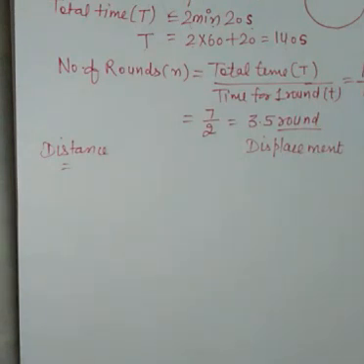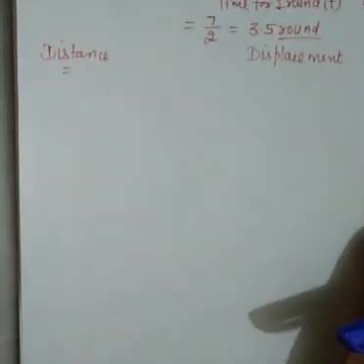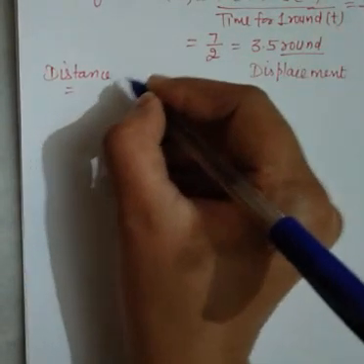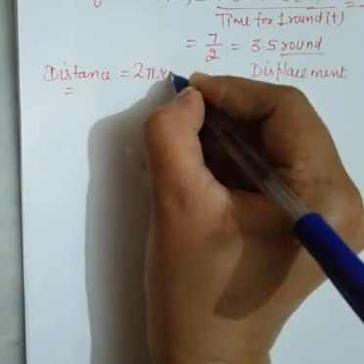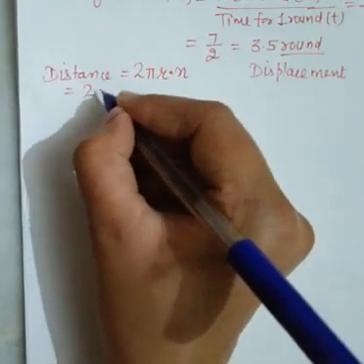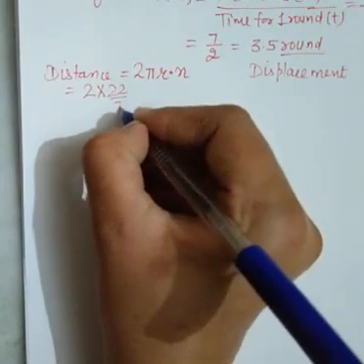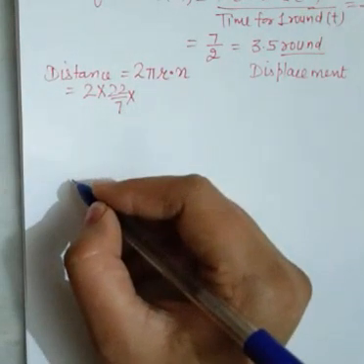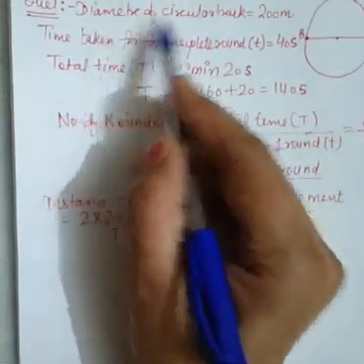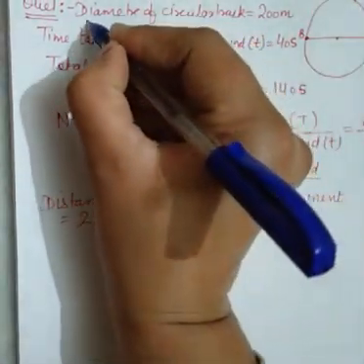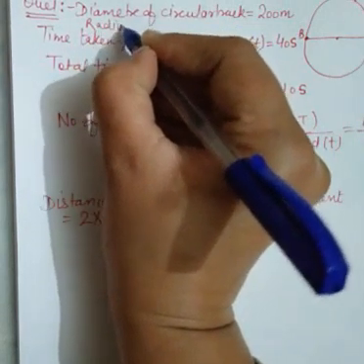In 3 complete rounds I multiply by 3. In n complete rounds I multiply it by n. So distance will be equal to 2 pi r into n. 2 is constant, pi is 22 by 7. What is r? R is the radius, and diameter is given to be 200 meter. Then what will be the radius?